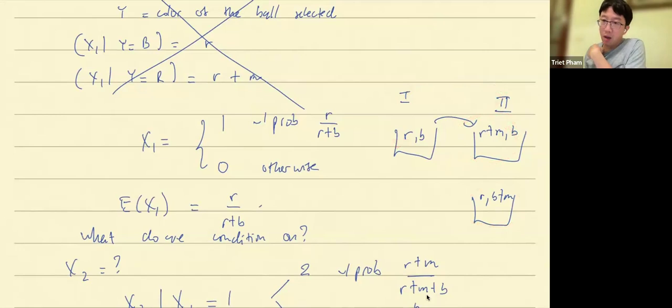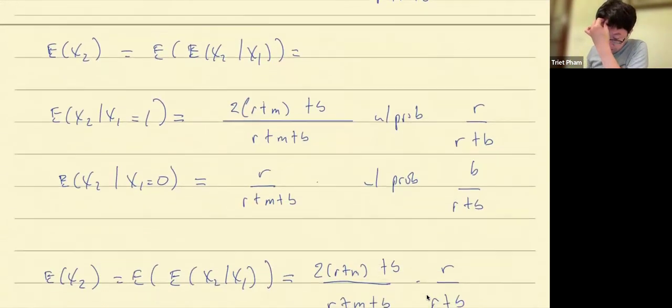However, something is nice here: the number of increase is m each time you pick. If the number of increase is not always m, but somehow changes along the way, then we're going to be in a much harder problem.